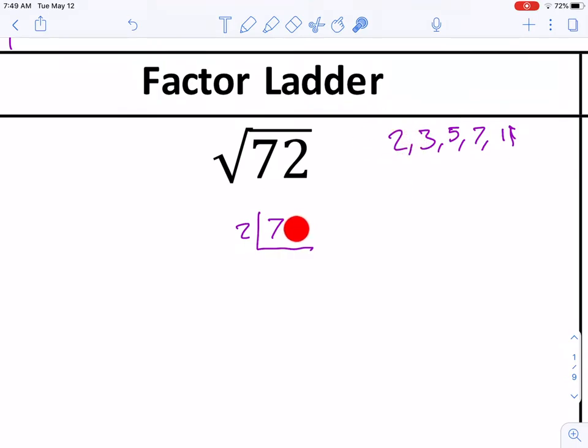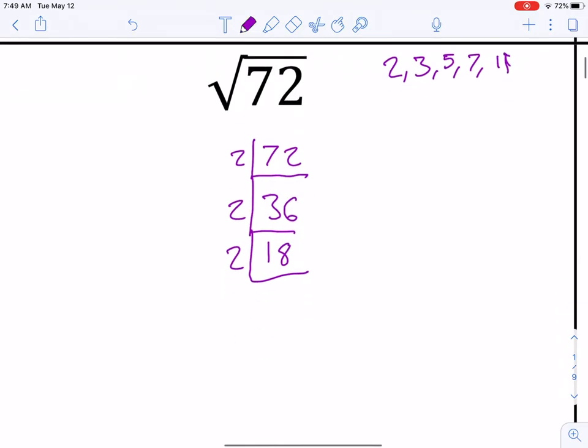So 72 divided by 2, I'm going to write my answer down here. 36. I'm going to do the same thing. Can 36 be divided by 2? Yes, it can. And our answer left over is 18. And then can 18 be divided by 2? And it can.